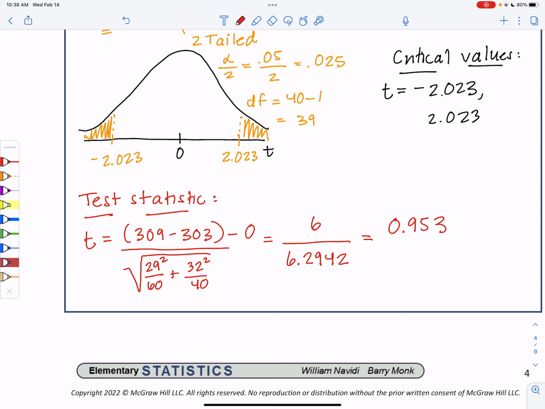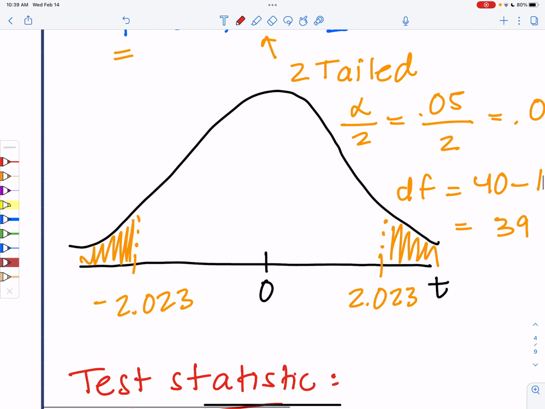All right, we use the test statistic to make our decision. And the way we make our decision, anytime we're using the critical value method for a hypothesis test, is we take that test statistic and we look to see if it falls in the shaded rejection region. In this case, that does not happen. 0.953 would be somewhere between 0 and 2.